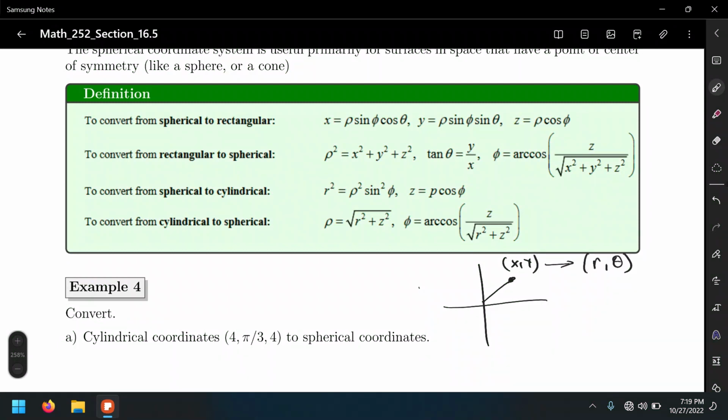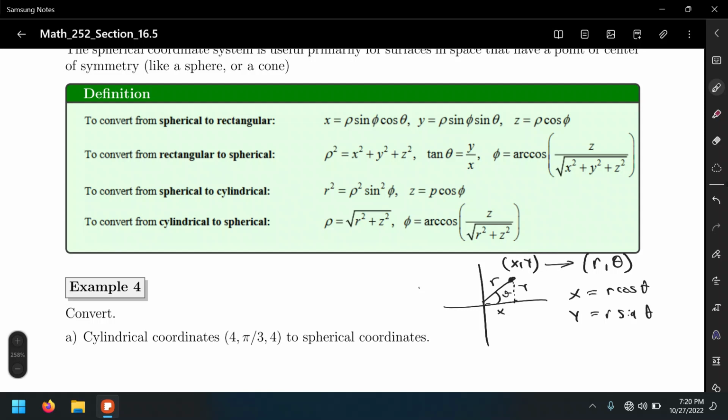The idea right here was that this point forms a right triangle with x and y, and we have the angle. So x equals r cosine theta, where r is the length, and y equals r sine theta.